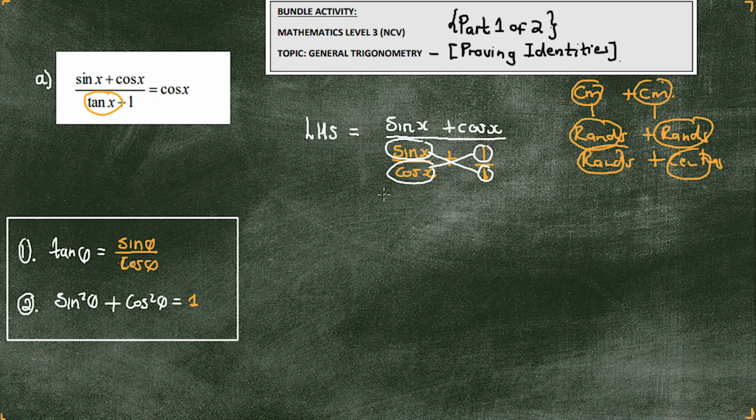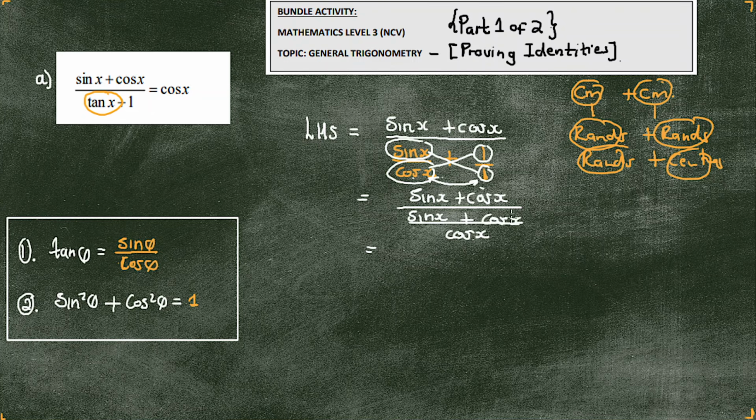Simplifying further, it's going to be sine x plus cos x over, 1 times sine x, that's sine x, plus cos x times 1, that's cos x. And for the denominator, cos x multiplied by 1 is cos x.